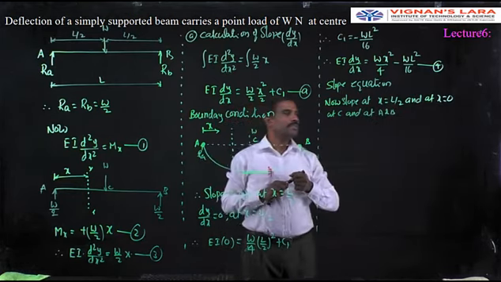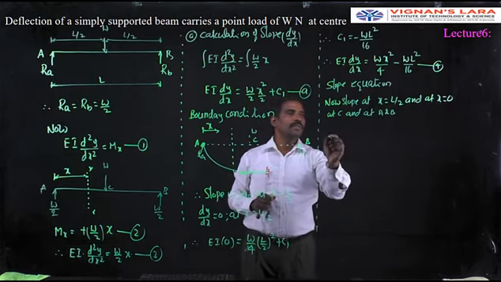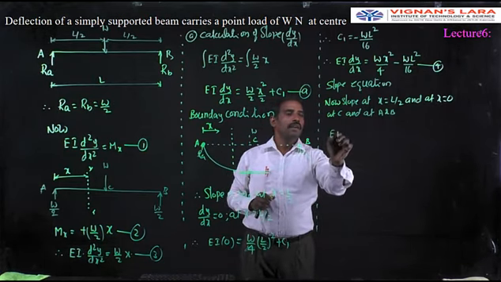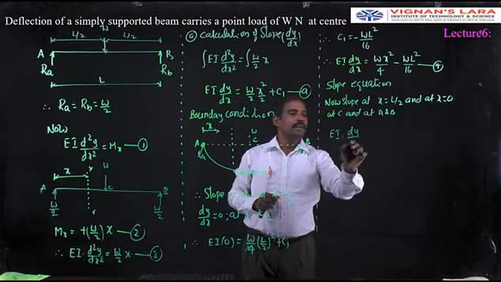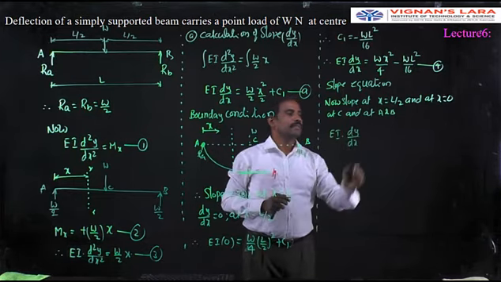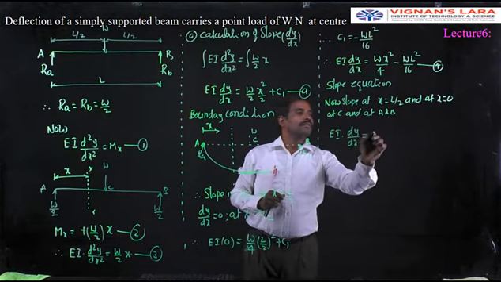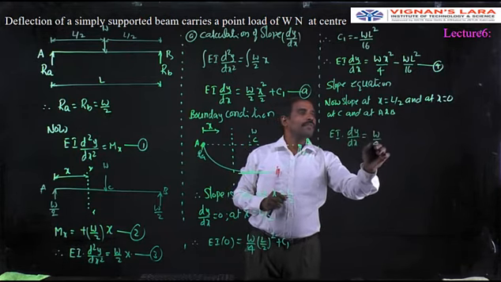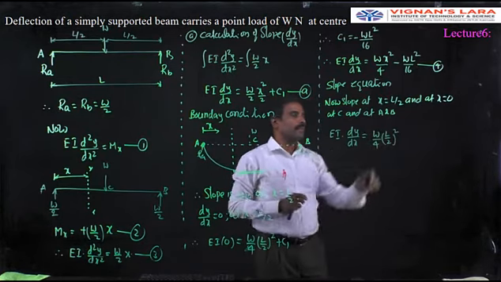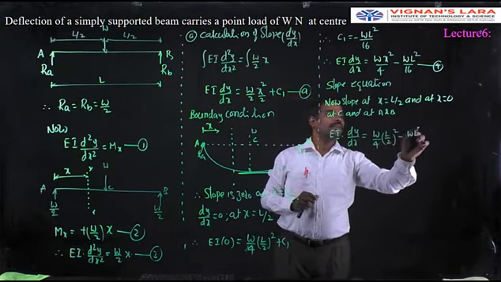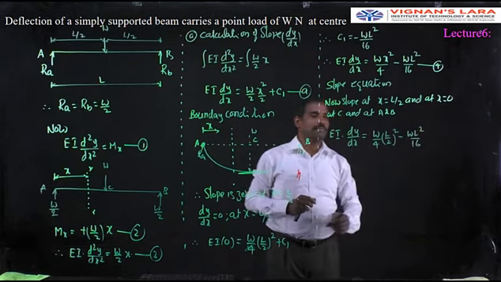Now substitute this value in equation number 4. Therefore EI into dy by dx is equal to W by 4 into L by 2 whole square minus WL square by 16.